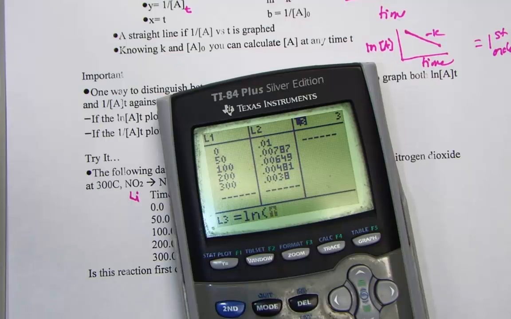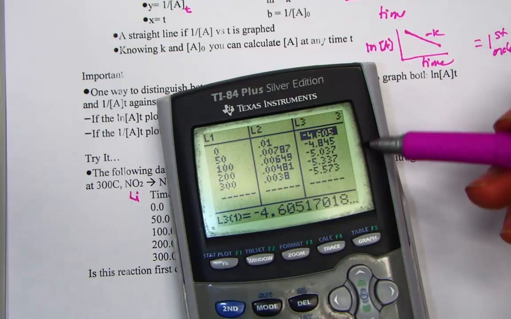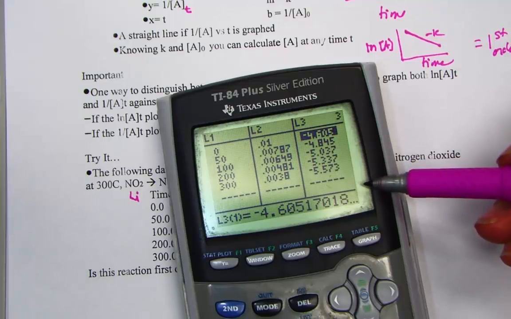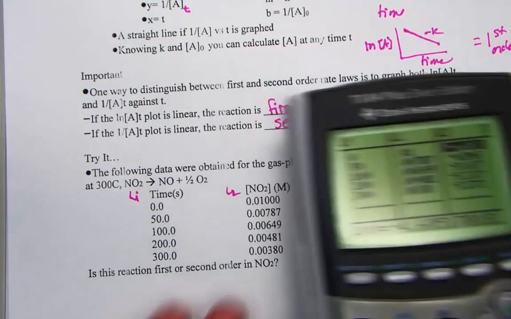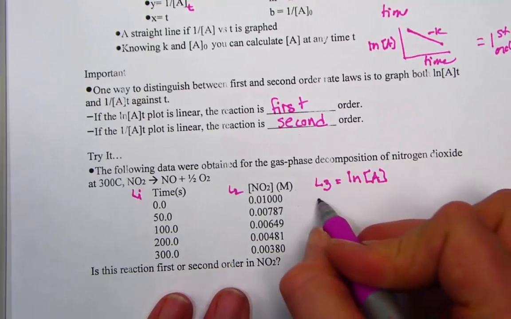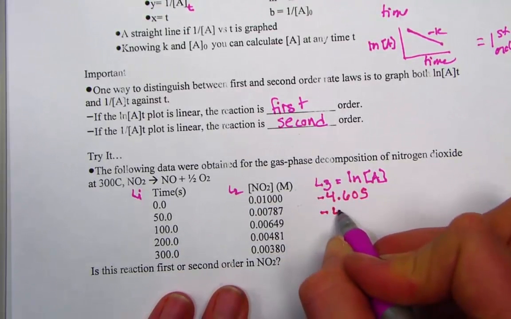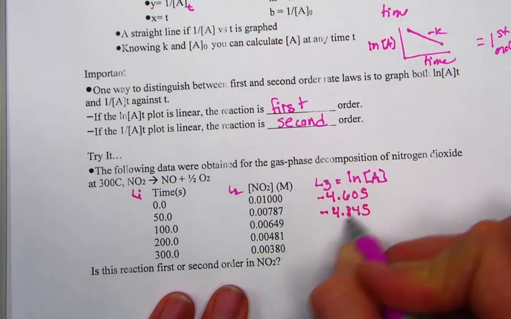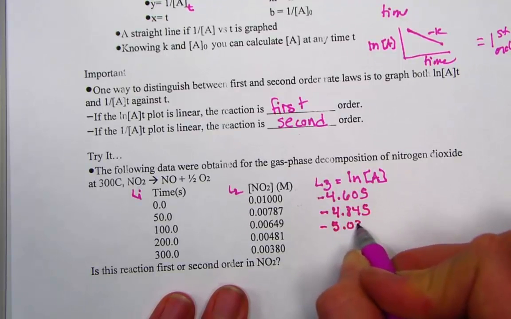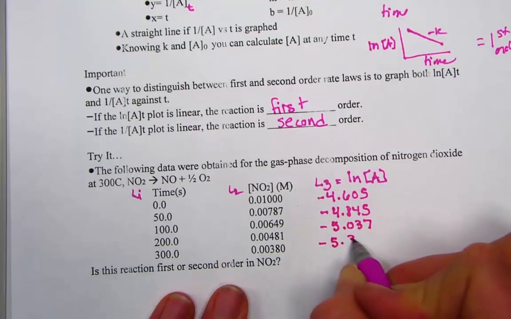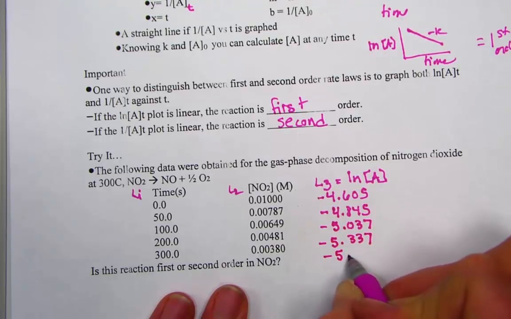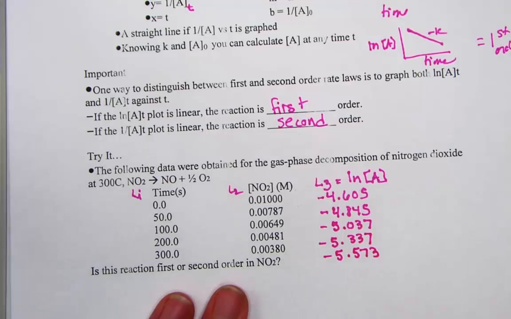So I'm going to hit natural log of list 2, equals. And now in list 3 we see a generated set of numbers that automatically calculated those natural logs. It reads negative 4.605, negative 4.845, negative 5.037, negative 5.337, negative 5.573.